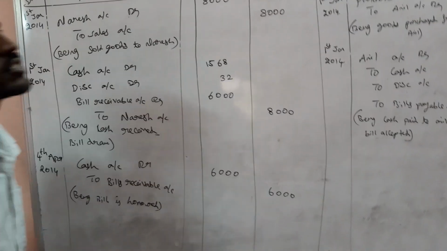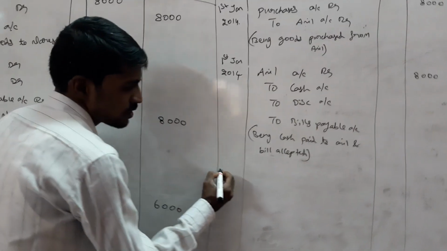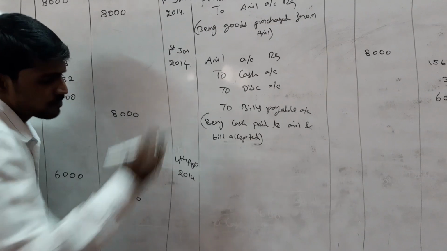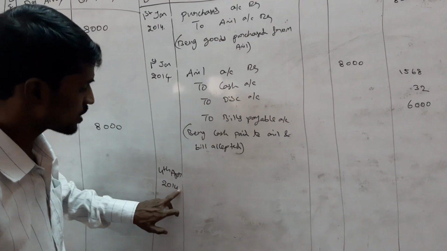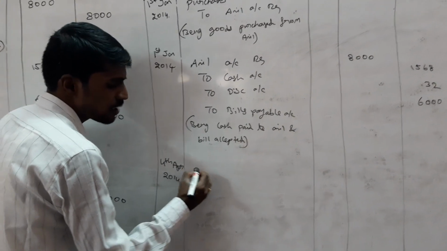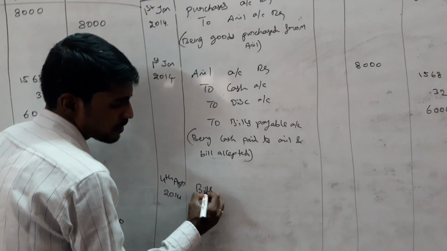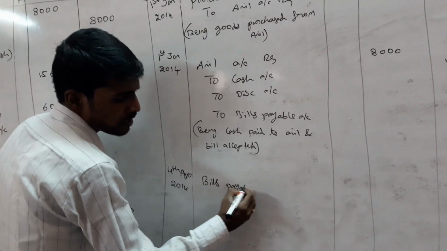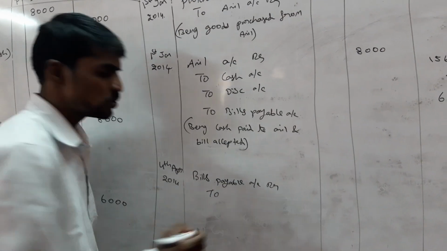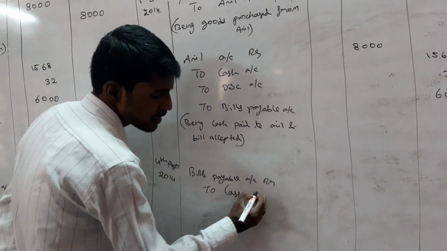Shall we read the books of Naresh? On 4th April, when he pays the amount, he will write the transaction. He is paying the cash and he is receiving the bill. Bills payable account debit to cash account.